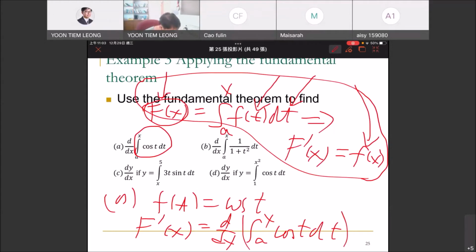do any calculation. You just apply the fundamental theorem of calculus part 1 straightforwardly, and you get the answer to be just cos x, right? So the fact that the derivative of the integral function is equal to cos x is just guaranteed by the fundamental theorem of calculus.